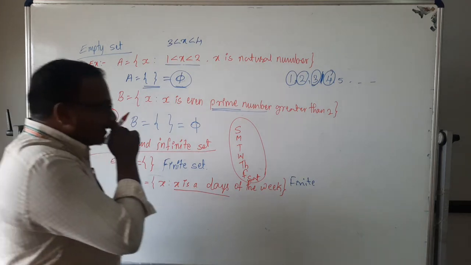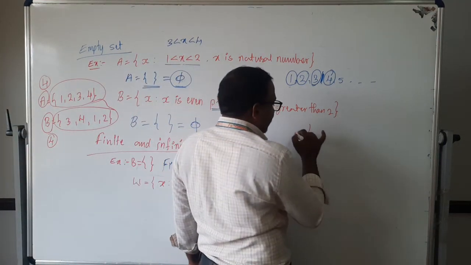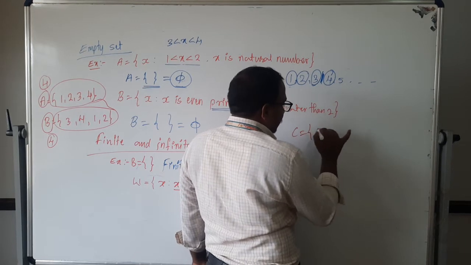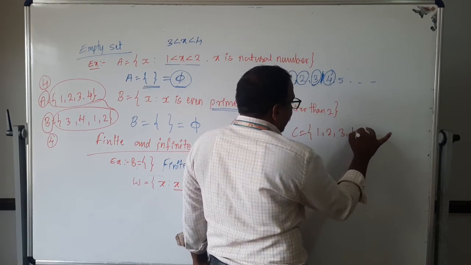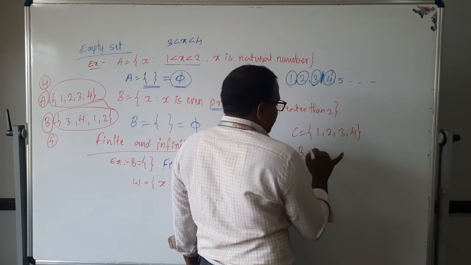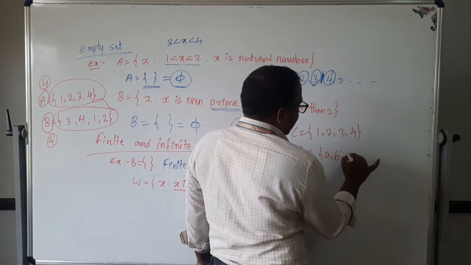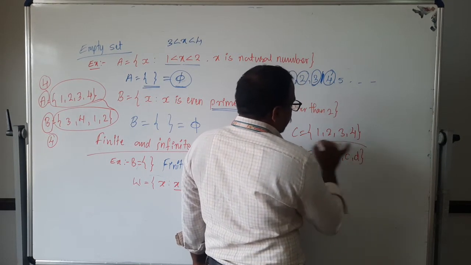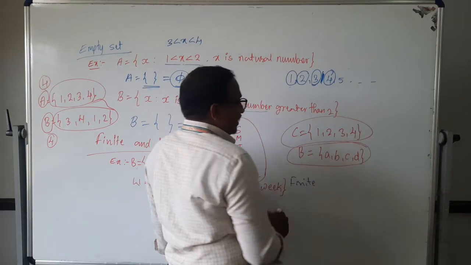If suppose the set is of the form set C is equal to {1, 2, 3, 4} and set B is equal to {a, b, c, d}. Are these two sets equal?